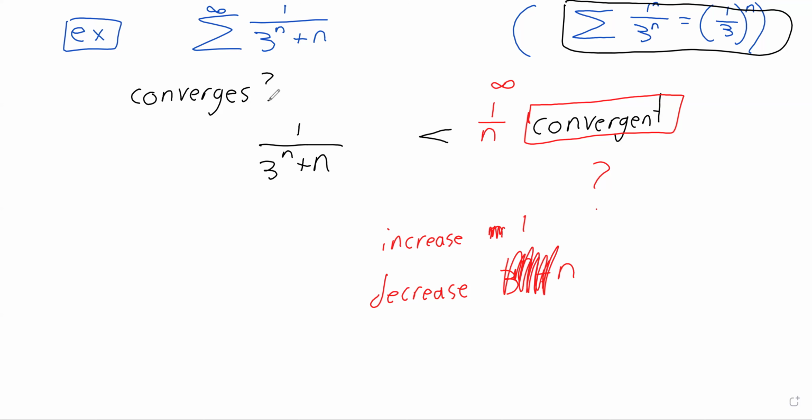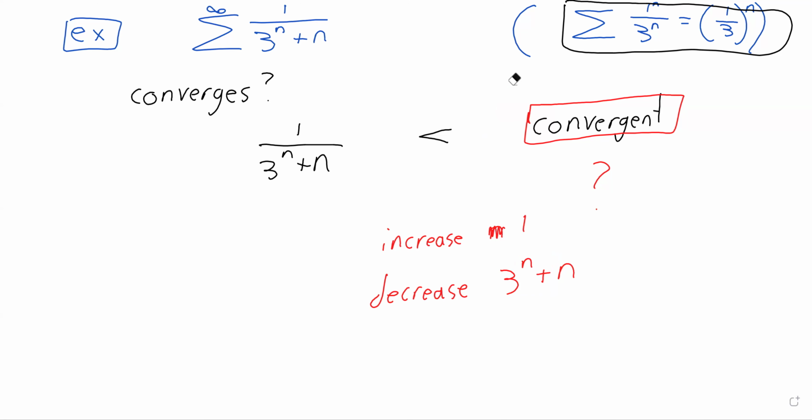It diverges. Being less than infinity isn't telling us anything. So we can increase it in that way, but it's not productive. It's not useful.